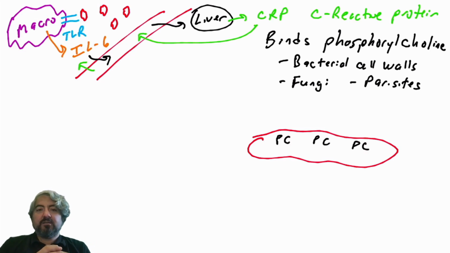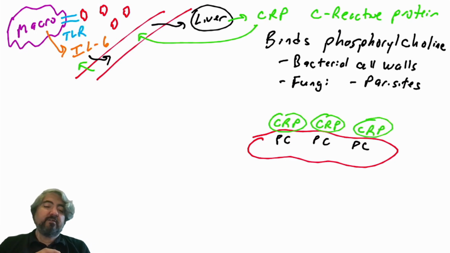So if a pathogen has phosphorylcholine on its surface, then CRP will bind to phosphorylcholine. So it's a recognition mechanism. And this is going to trigger the classical pathway of complement activation, which we'll see on the next slide. So right now, all the CRP is doing is binding phosphorylcholine.